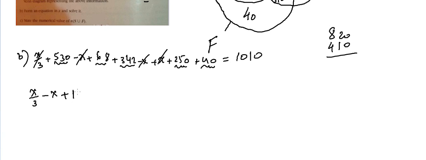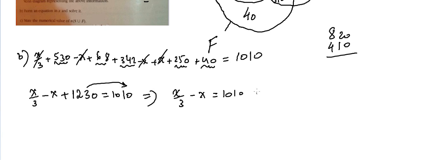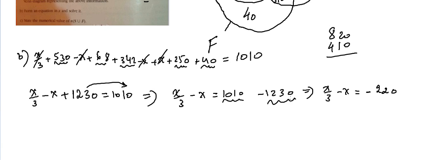So what do we have here? 1230 plus X over 3 minus X equals 1010. Let's subtract 1230 from both sides. We get X divided by 3 minus X equals 1010 minus 1230. This means X over 3 minus X equals minus 220.